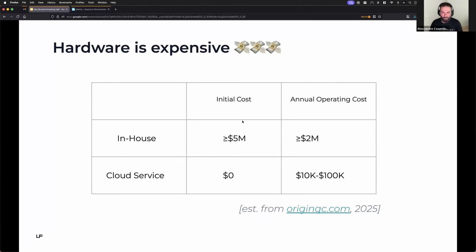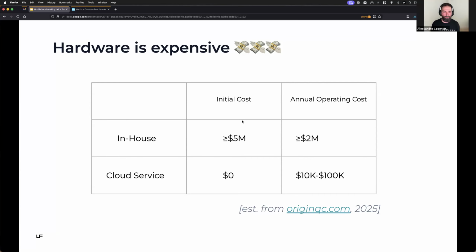Even if you are just renting quantum processing unit time from the cloud, clouds like AWS are already offering it. The initial cost may be zero, but then for the kind of experiment you may want to do in a small, say, quantum chemistry lab, that would be around, again being generous, about 100K US dollars per year.